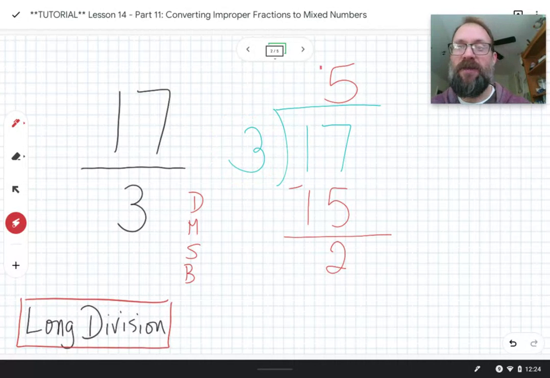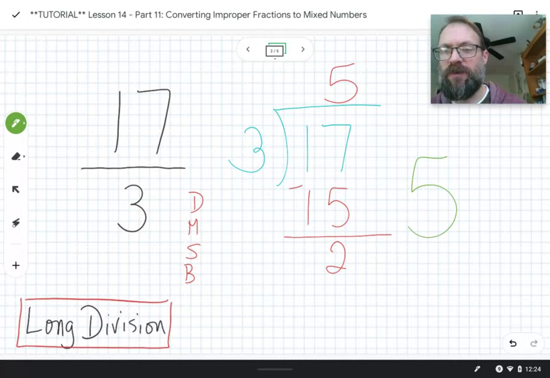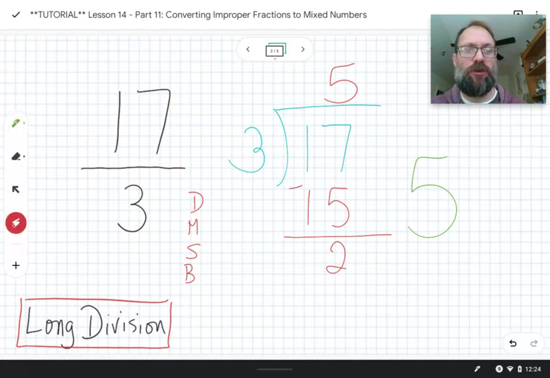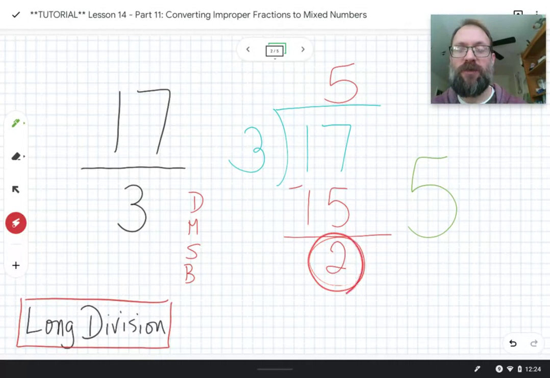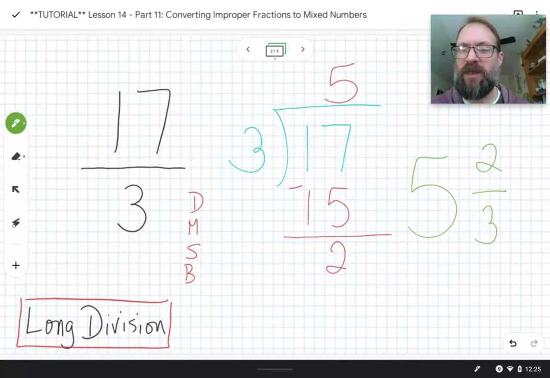Well, 5 is the groups of 3/3, the whole fractions in 17. So 5 is the whole number part of our answer. And there's 2/3 left over, right? So we're going to write 2/3 as the fraction part of our mixed number answer.